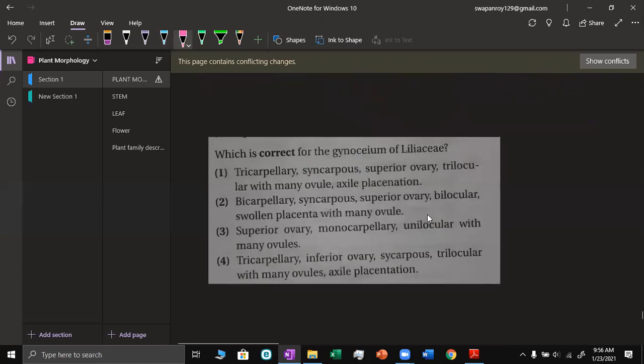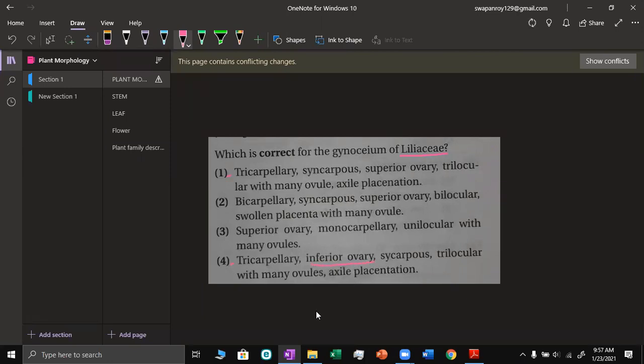Here, which is the correct one for the gynoecium of Liliaceae? Gynoecium of Liliaceae is tricarpellary. Trimerous flower. So with tricarpellary, these two options are there, number 1 and number 4. But here you see, this one is inferior ovary.